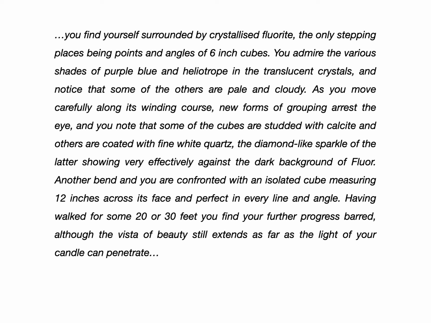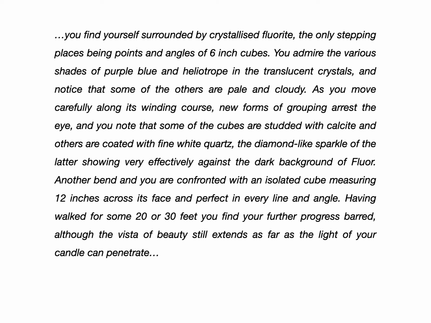This account from 1904, written by the leader of a team of miners, describes what it was like to enter a vug immediately after it had been broken into. You find yourself surrounded by crystallized fluorite, the only stepping places being points and angles of 6-inch cubes.